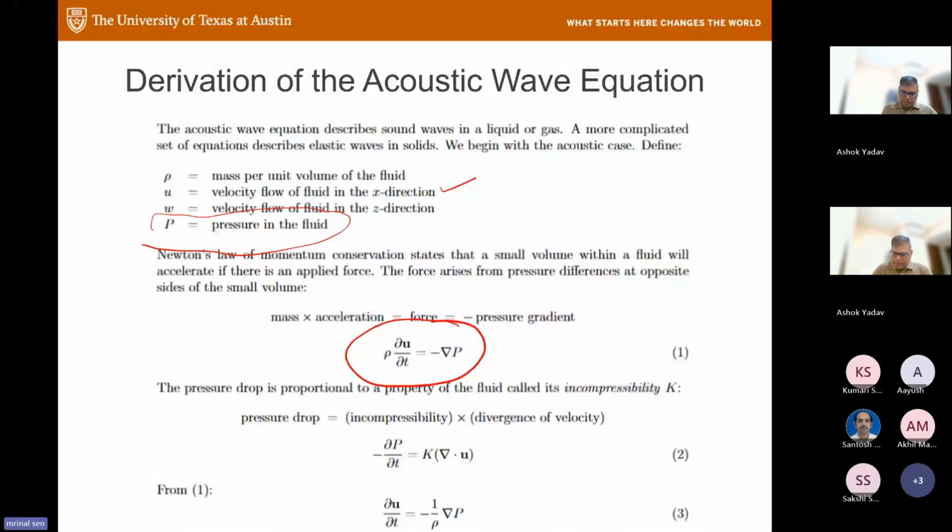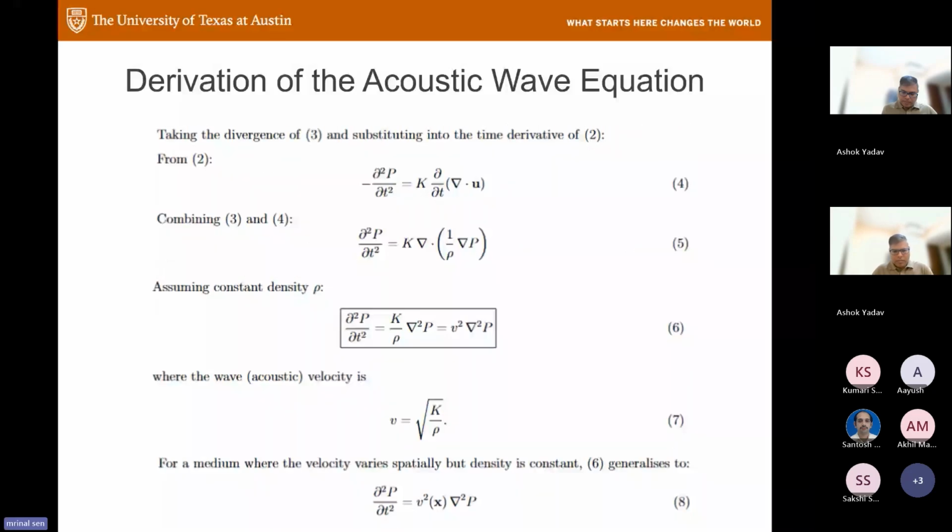So this is the derivative of velocity with respect to time, which is your acceleration. Now here, we just rewrite this equation to get a new equation, and now we bring in our stress-strain relationship and plug it in here, and that gives us this equation for a constant density.